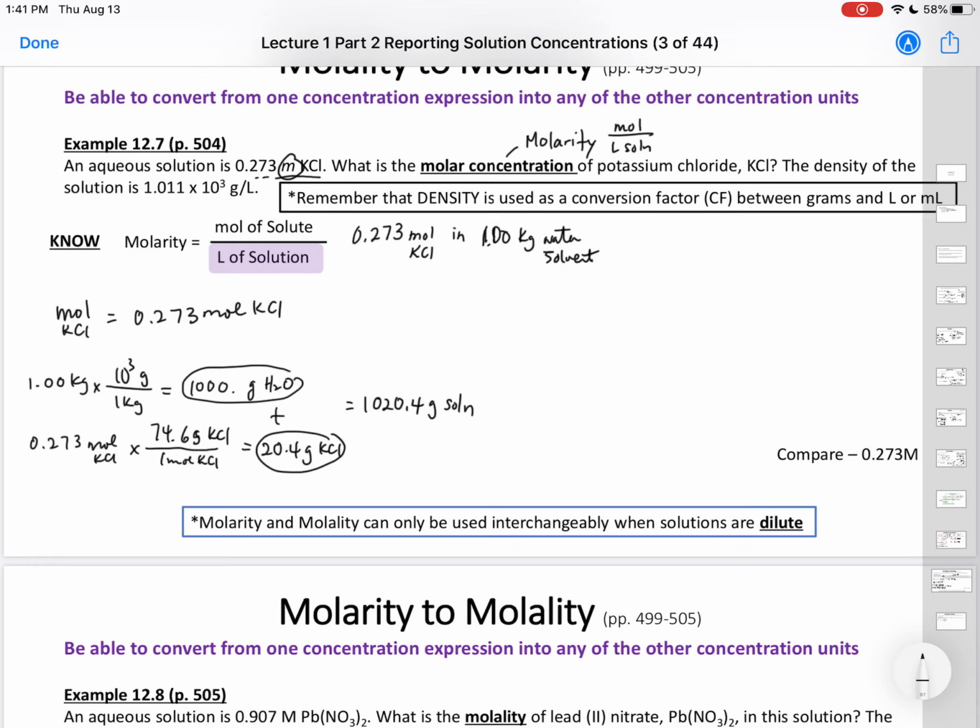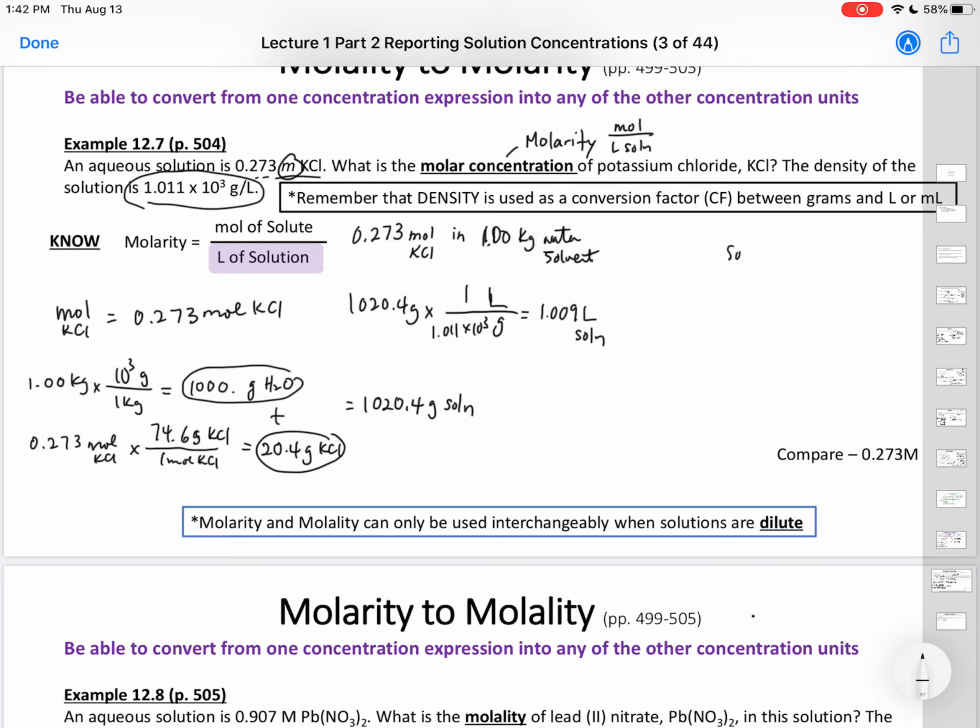Okay. But remember, you need liters of solution. So again, we're going to do one more conversion. We're going to convert from 1020.4 grams to liters. Okay, and they give us the density here. 1.011 times 10 to the third grams equals 1 liter. This comes out to 1.009 liters of solution.